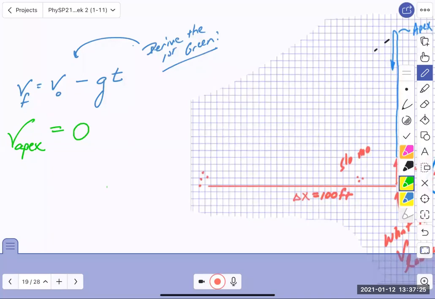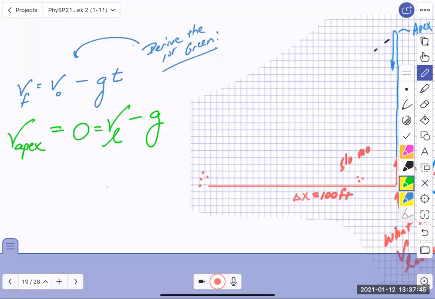Because anything at the apex, the y velocity is 0, equals V launch, or V sub L, that lowercase cursive L stands for launch. V sub launch minus G, and what is our particular time?